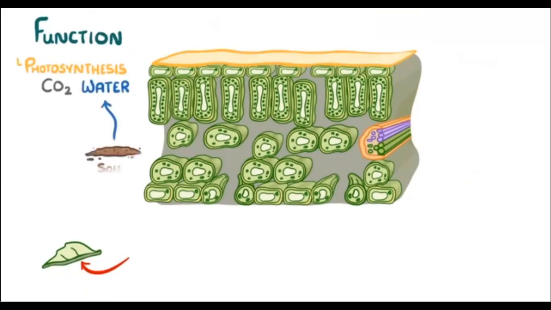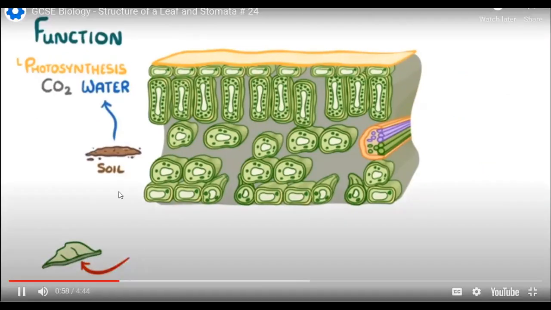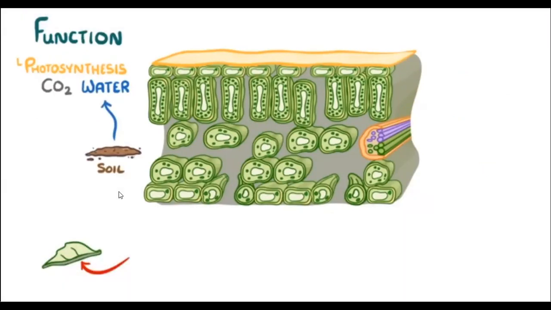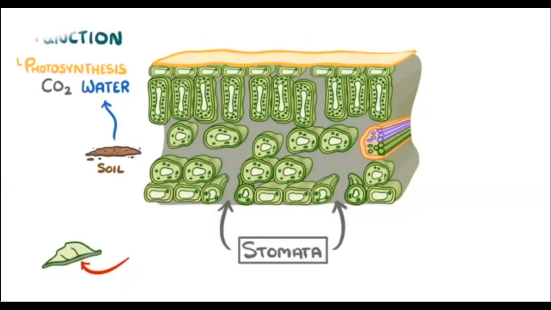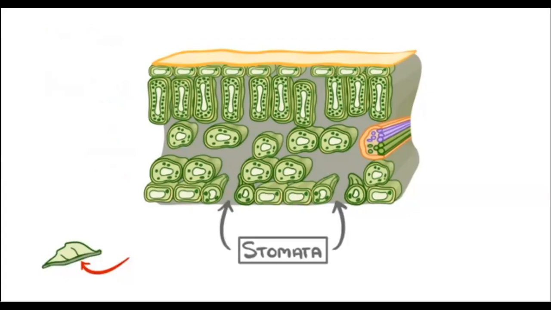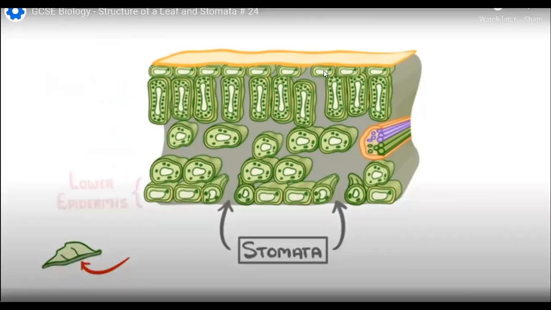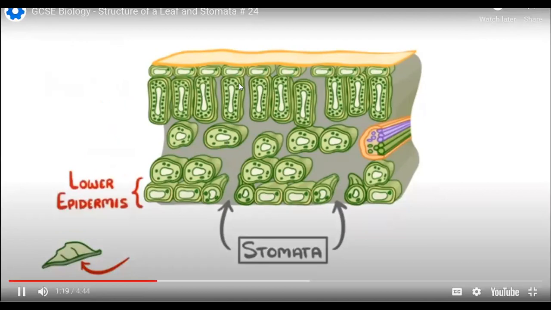The water comes from the soil and is transported to the leaves via the roots and xylem, as we'll see in the next video. But the carbon dioxide diffuses directly into the leaf from the outside air, through lots of little holes called stomata. In fact, each of the leaves will have thousands of these stomata, and they're scattered through the lower epidermis, which is a layer of epidermal tissue.